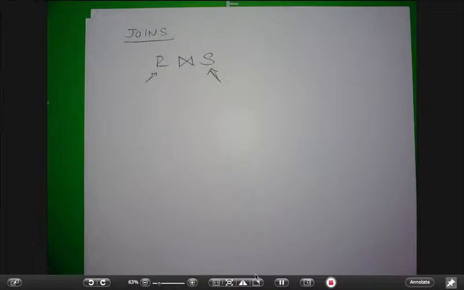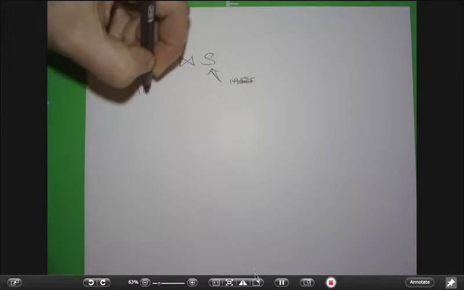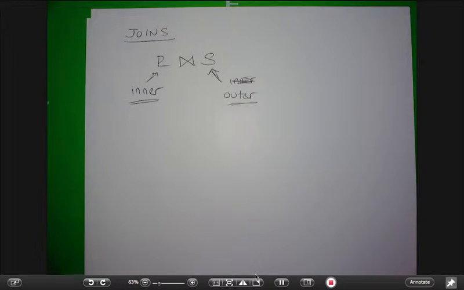So R join S means that R is the inner relation, S is the outer relation. It's just that one is left, the other one is right. It is important because of the cost. This is not outer join, which I hope that one day you learn. So inner and outer relation, okay?